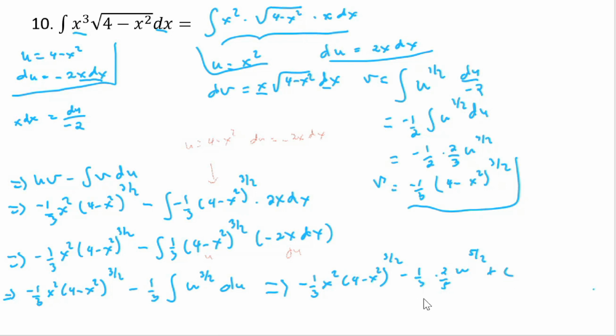So multiplying now the coefficients of u here in the second term, that will give us now the final answer of negative 1/3 of x squared times 4 minus x squared to the power of 3 halves. So the product of this now is 2 over 15 times the meaning of u is 4 minus x squared to the power of 5 over 2 plus a constant.